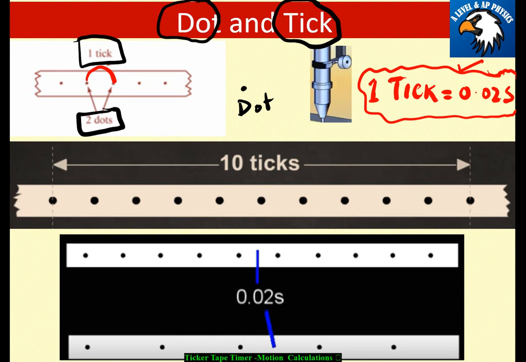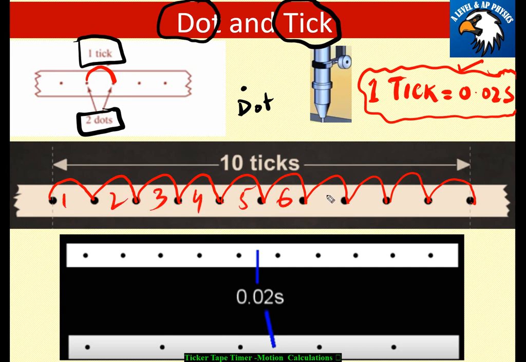Now you can see here the number of ticks. First of all, let's count how many dots here. The number of dots, for example, you will see is 11. Then how many ticks here? Number of ticks: 1, 2, 3, 4, 5, 6, 7, 8, 9, 10.